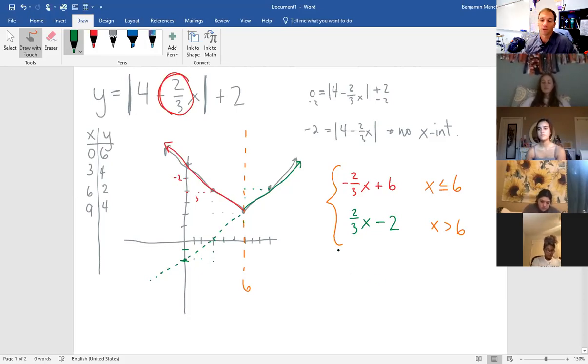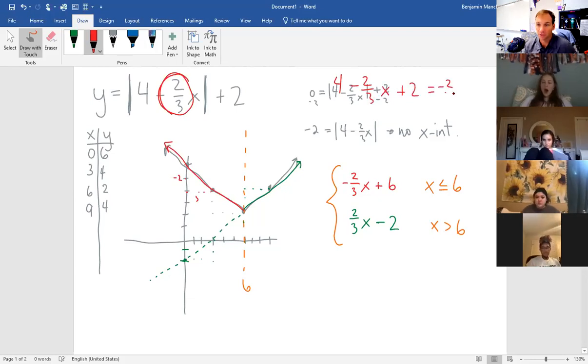So let's see if our general statement from before holds true. 4 minus 2/3 x plus 2 turns out to be negative 2/3 x plus 6. Is this the equation that we had for right here? The exact same one if you just took the absolute value bars off.